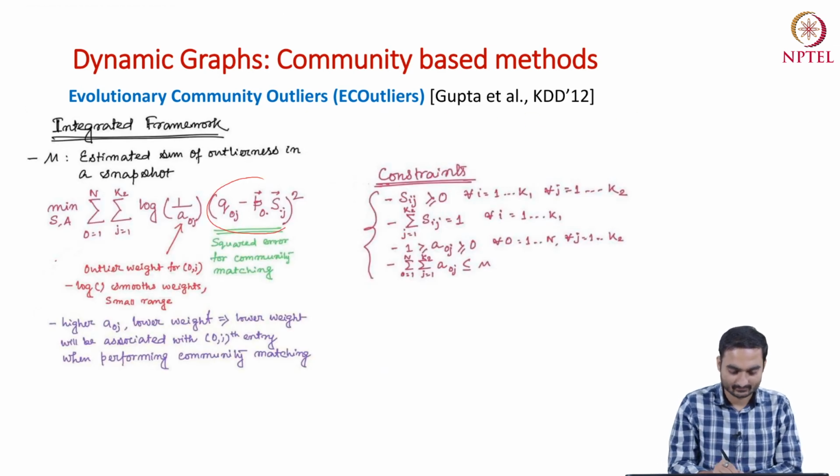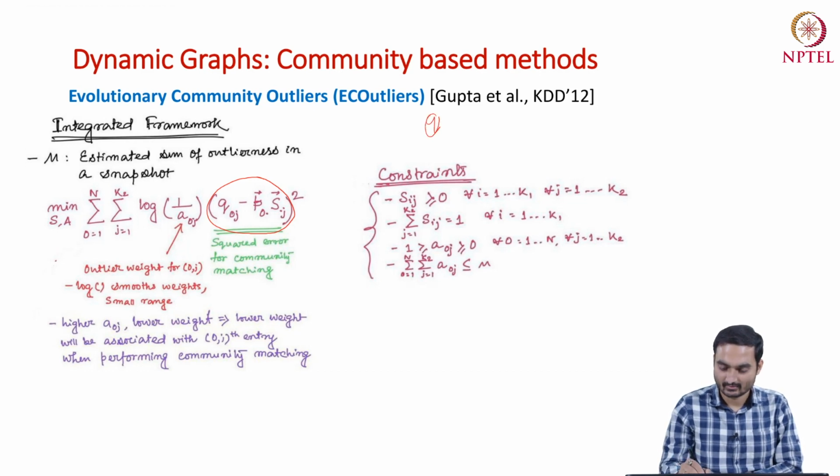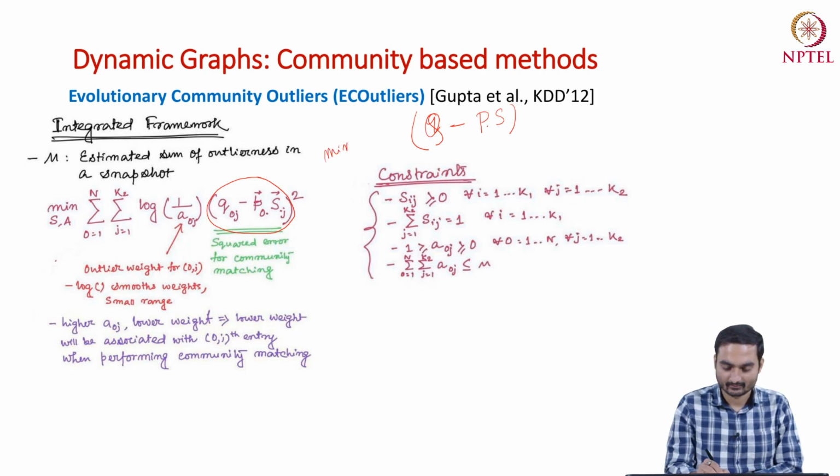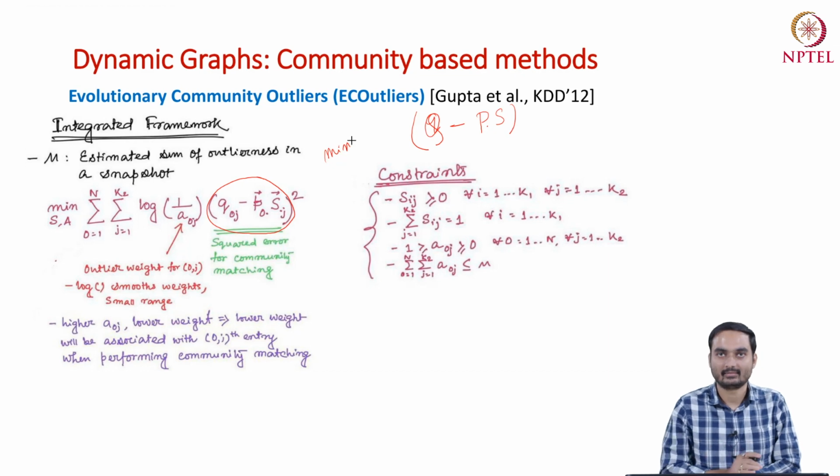Look at here. This is the function, we are minimizing the error between Q and P times S. The problem here is that if we minimize this, it would be biased towards outlier entities.